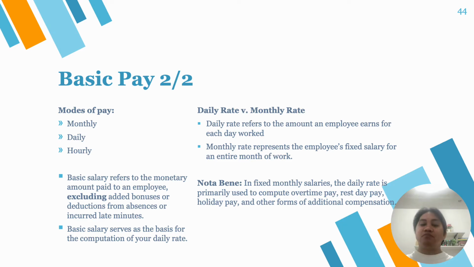Take note that in fixed monthly salaries, the daily rate will primarily be used to compute your overtime pay, rest day pay, holiday pay, and other forms of additional compensation.